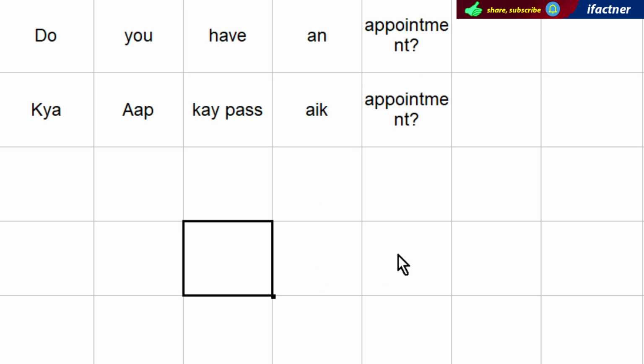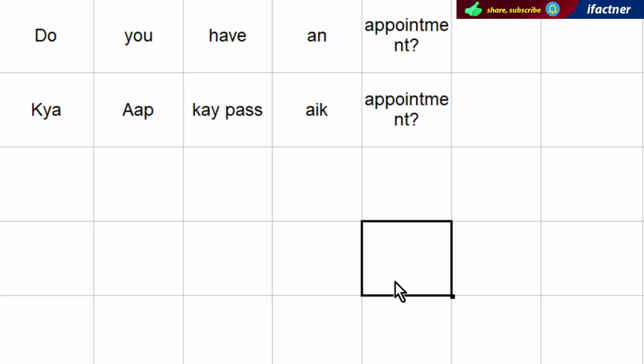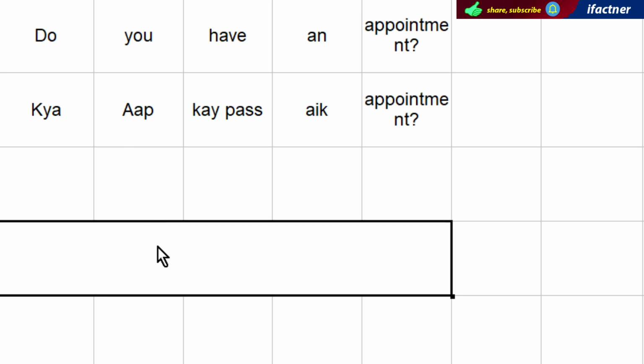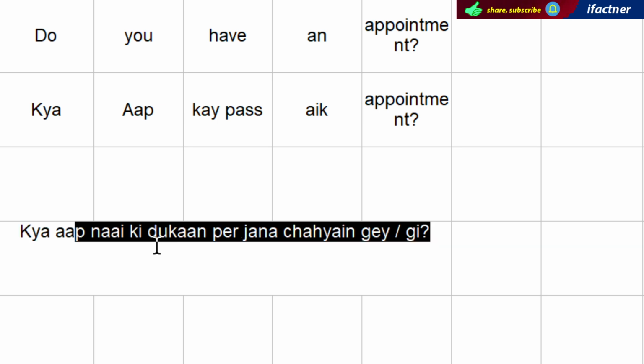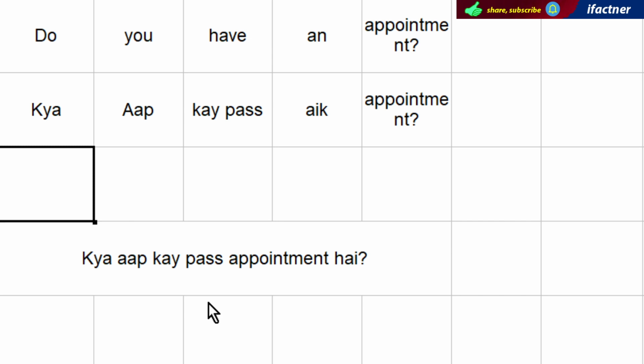Now how can we form a sentence in Urdu by translating do you have an appointment? So we start our question with क्या, then comes the subject आपके पास, appointment, then comes the object है, then comes the verb. क्या आपके पास appointment है?